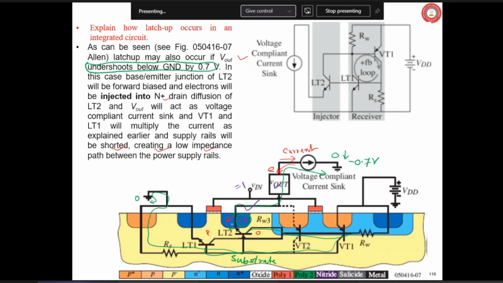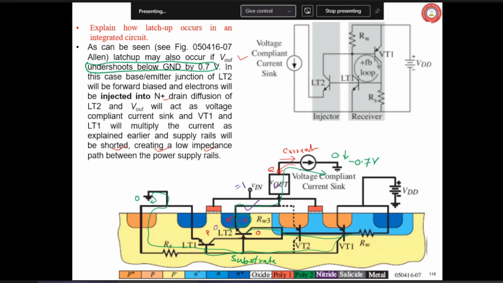Then what is going to happen? This N plus diffusion, the drain of the N MOSFET, is minus 0.7 volt or minus 0.8 volt, and your substrate is 0. So this junction is what? The P-type substrate is 0 or at ground. Is the junction forward biased or reverse biased?